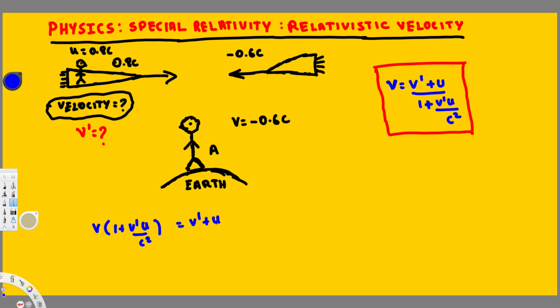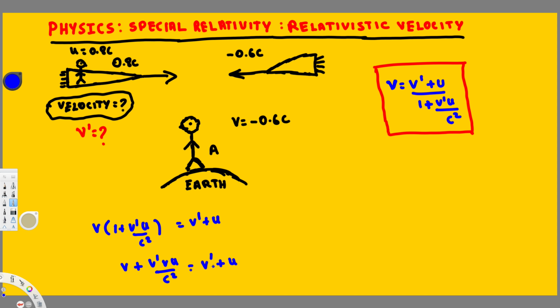Now let's bring all the v prime to one side and the other values to the other side. Before I do that, let's multiply this v first. So this is going to be v times 1, that's going to be v, and v times this one is going to give us v prime vu over c square, and on the other side it's going to remain the same.